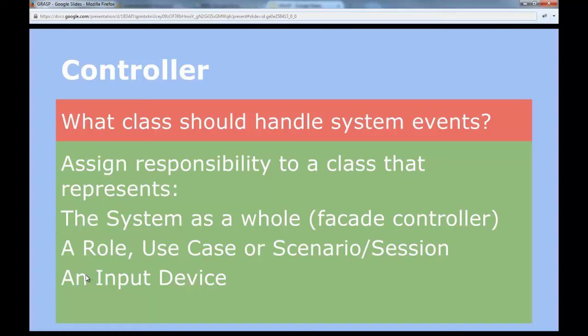In our case, I opted to use the role, the player, as the name of this controller class, and the operation is maybe the use case for playing the game. So I call that play game.